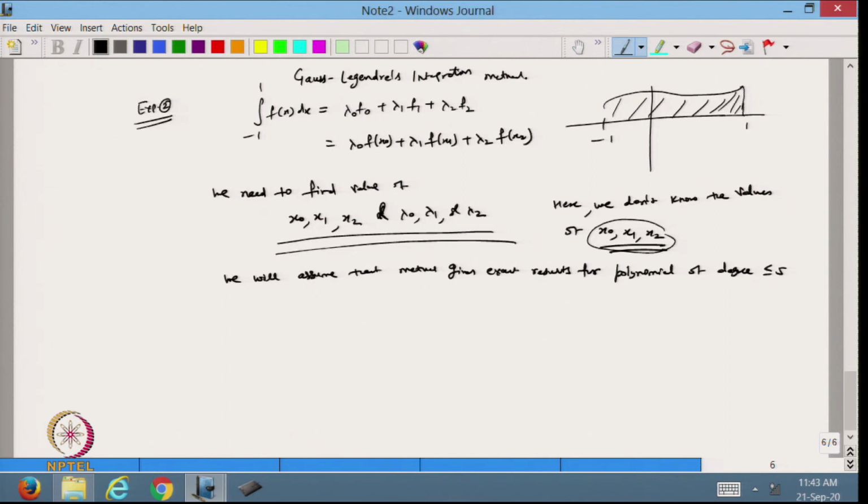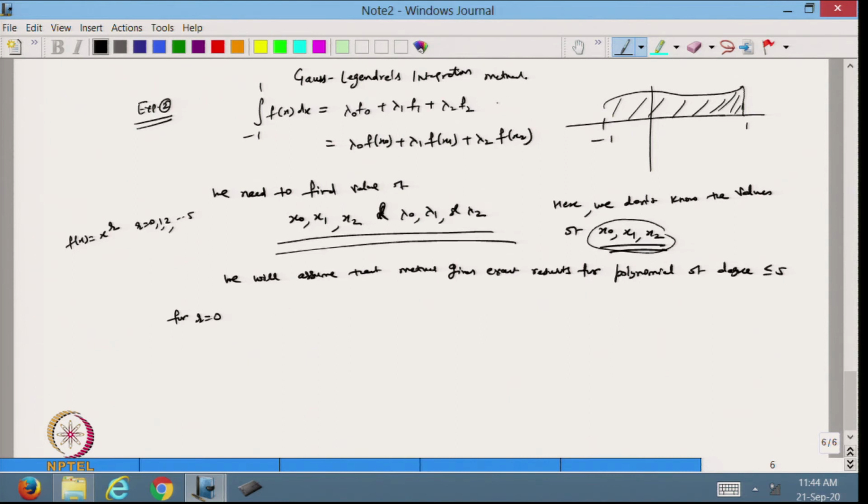So, in this case let us take f x as x raised to power r, and r can be 0, 1, 2 up to 5. So, for r is equal to 0, it is the constant.